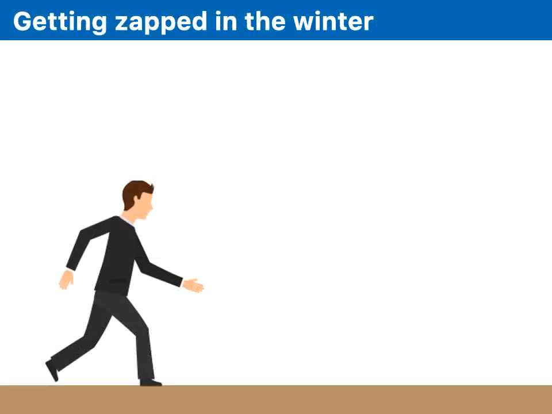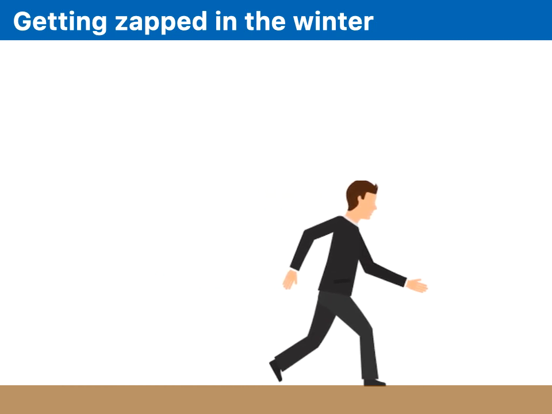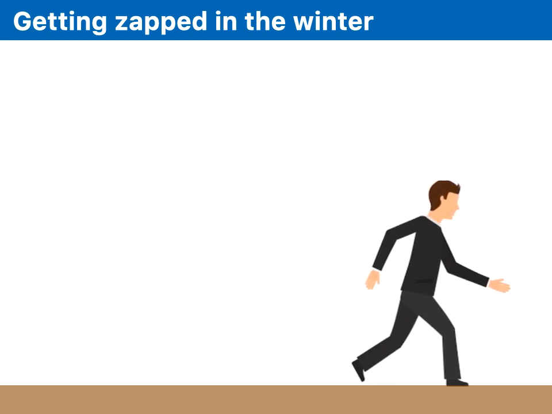Now, in the wintertime, especially, because the air is so dry, it works really well. And say you're walking across the carpet. Well, when you're walking across the carpet, you're literally ripping electrons off something. And say you're ripping it off the carpet. So as you're walking across the carpet, you are accumulating extra electrons.